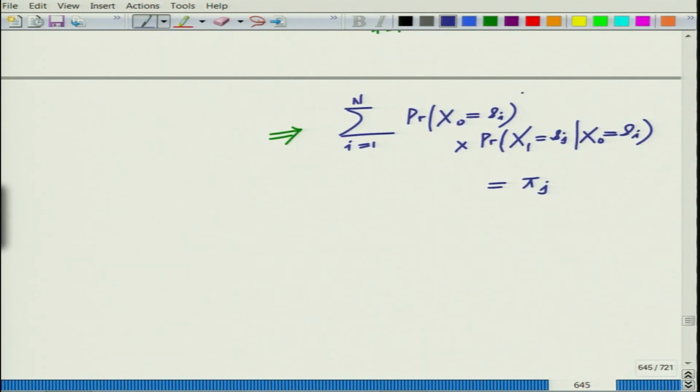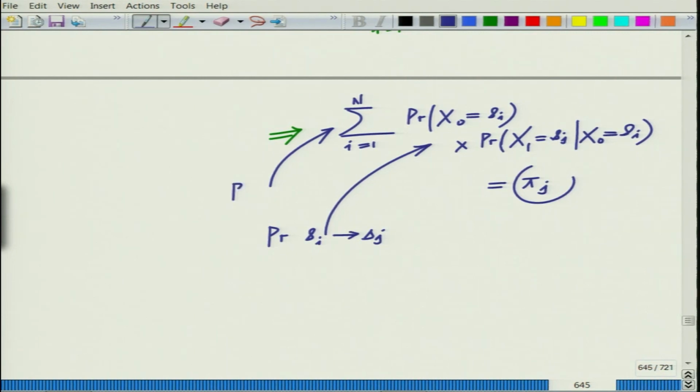So, this is the transition probability of s i to s j, weighted and summed over the probabilities of all s i, and this equals pi j. If you look at this sum, it is the summation over the initial state s i multiplied by x 1 equal to s j given x naught equal to s i.